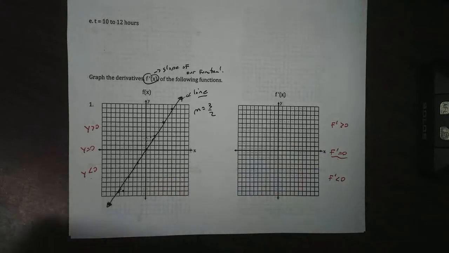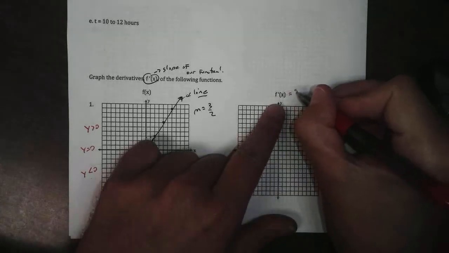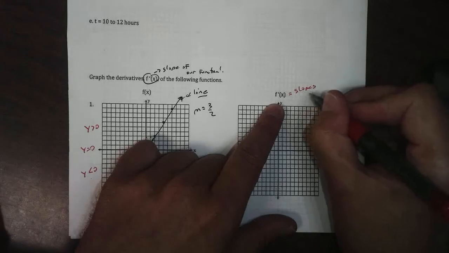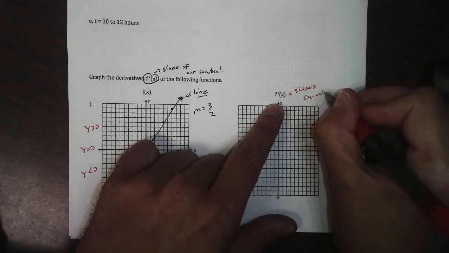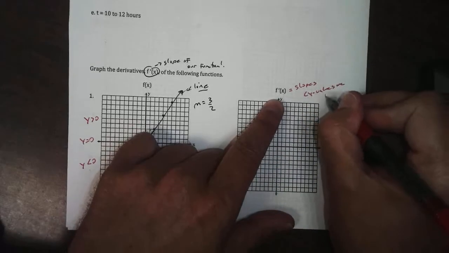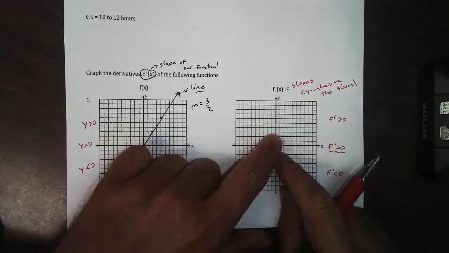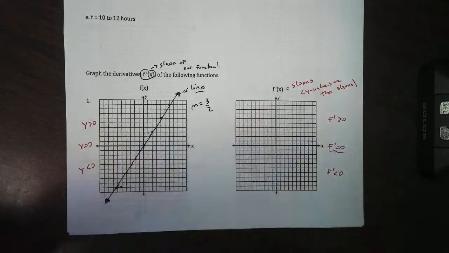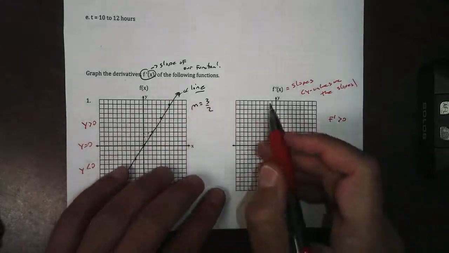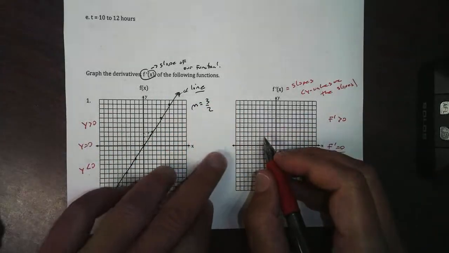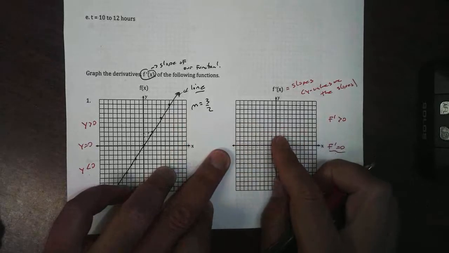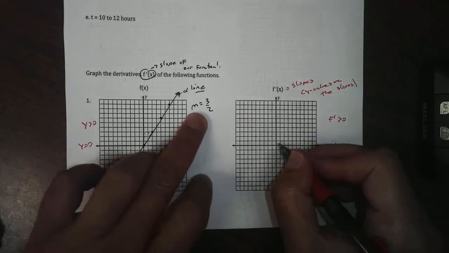Big lesson for us. So if I want to graph the derivative, we are looking at the slopes. The y values are the slopes. And that's what this represents here. The y values here, don't remember the value of the function, they are the slope at certain points. And if we take a look at a line here, the line is always 3/2 or 1.5.